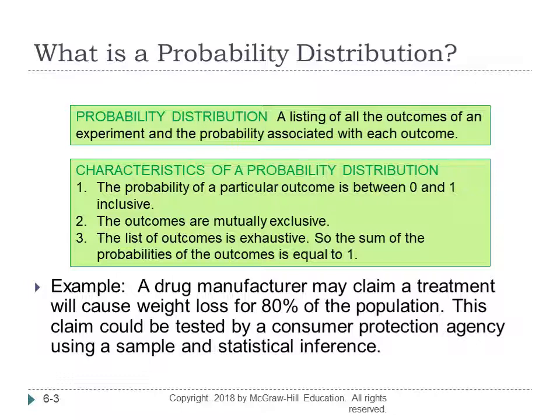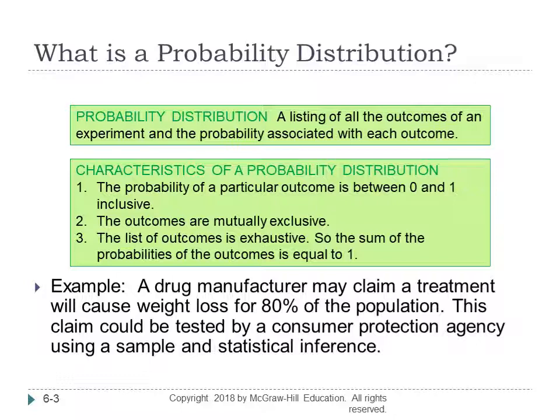2, the outcomes are mutually exclusive. Mutually exclusive, as we learned last chapter, means when you have an experiment, only one of the outcomes will occur. Once one outcome occurs, that means none of the other outcomes has occurred. Number 3, the list of outcomes is exhaustive.